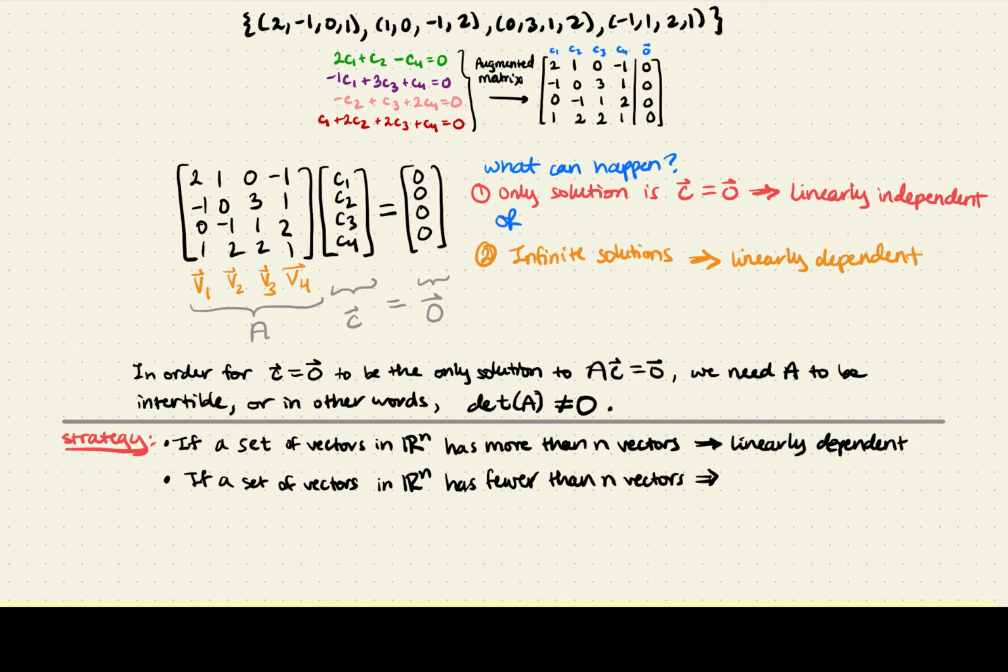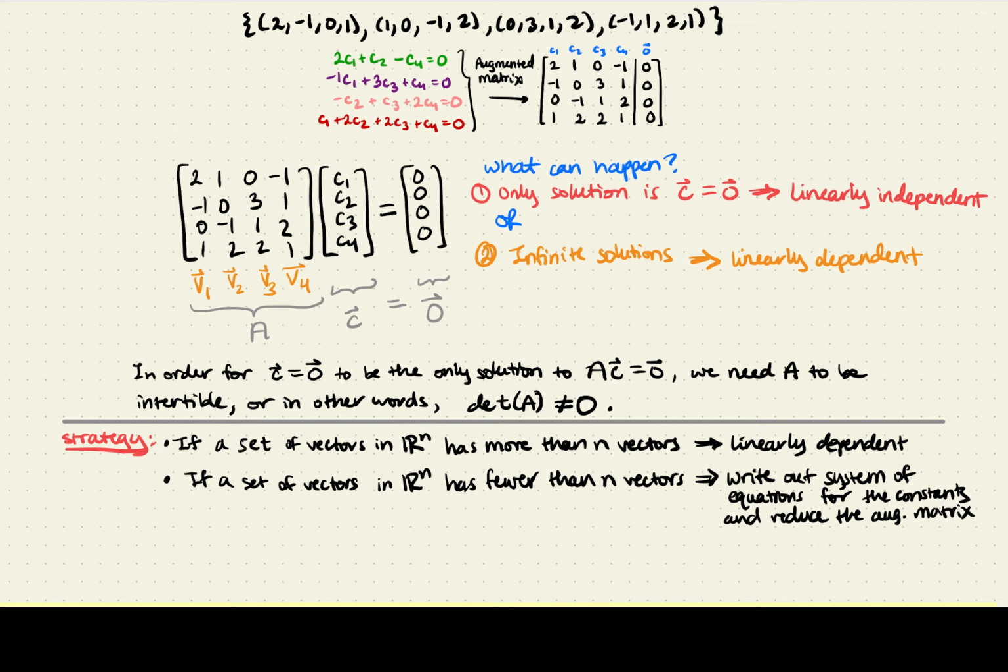So instead, we're just going to have to write out the whole system of equations for the constants, just like we did in our example earlier, and reduce the augmented matrix.